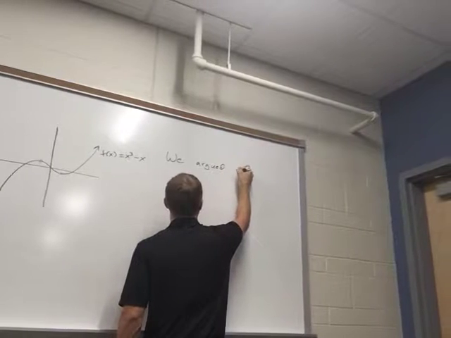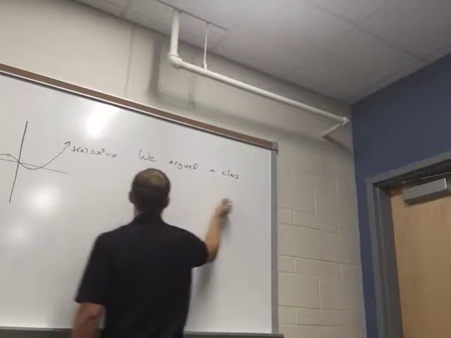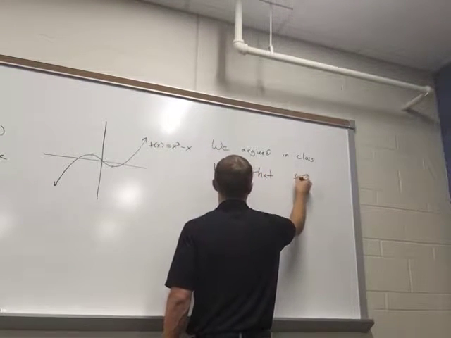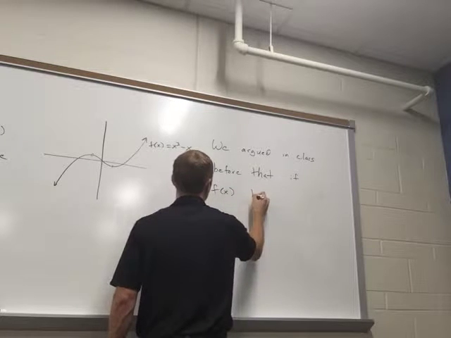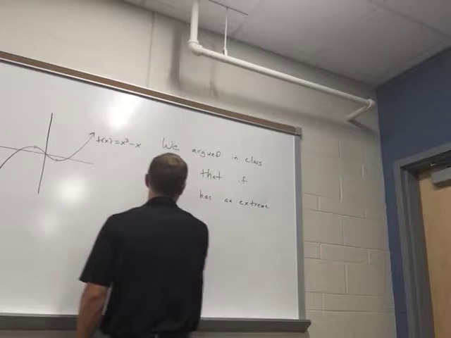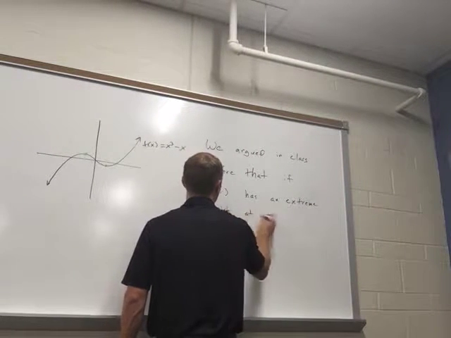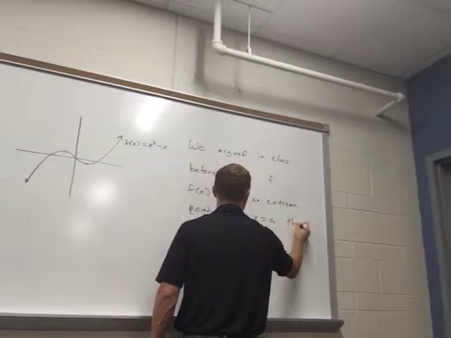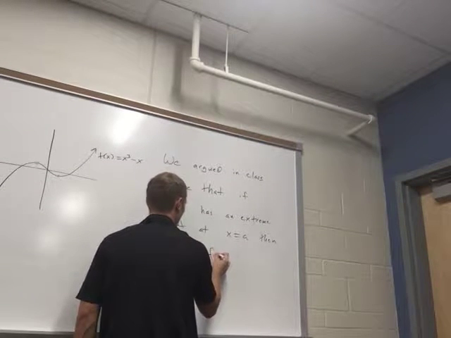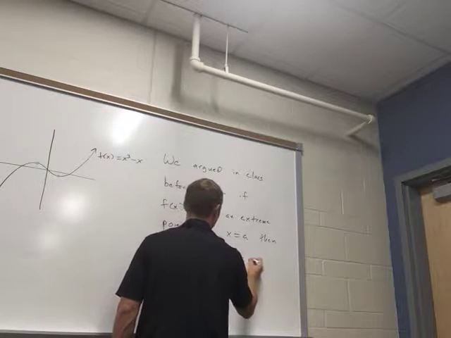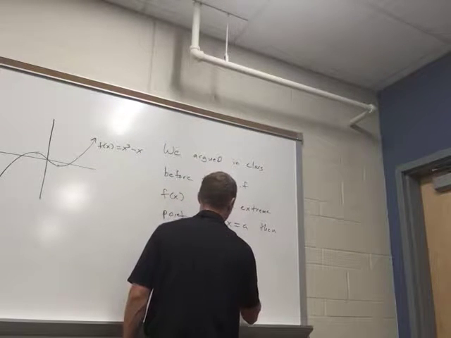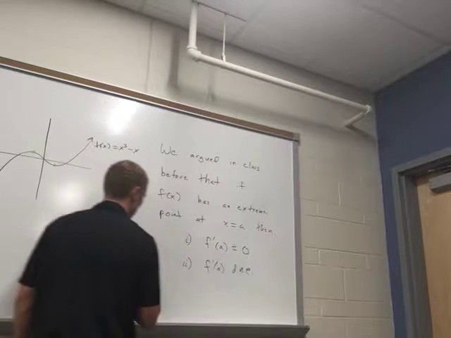We argued in class before that if f of x has an extreme point at x equals a, then one of two things must be true: f prime of a equals 0, or f prime of a does not exist.